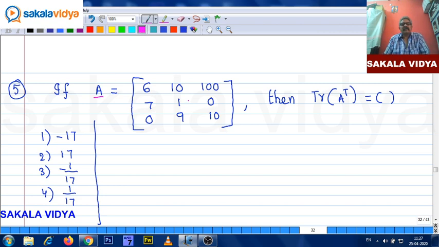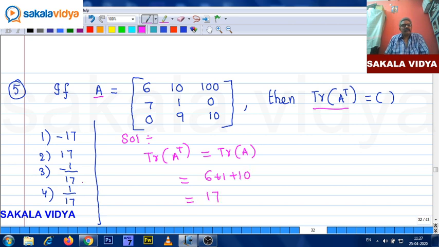A equals this matrix and we need trace of A transpose. I didn't discuss it, but trace of A transpose is equal to trace of A. So trace of A means the sum of the principal diagonal elements, 6 plus 1 plus 10, whose value is 17.